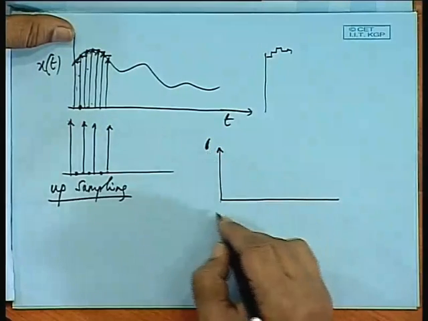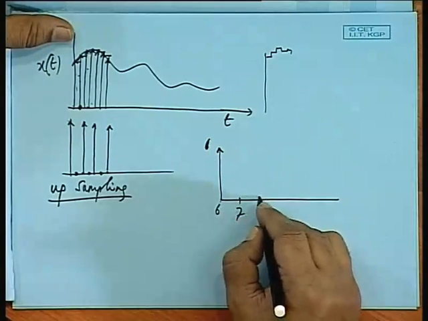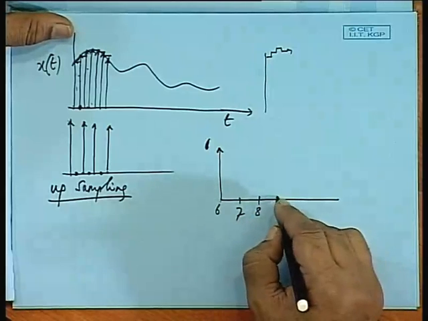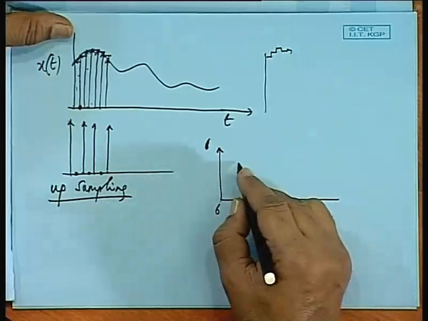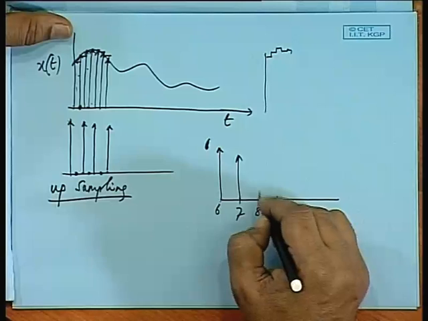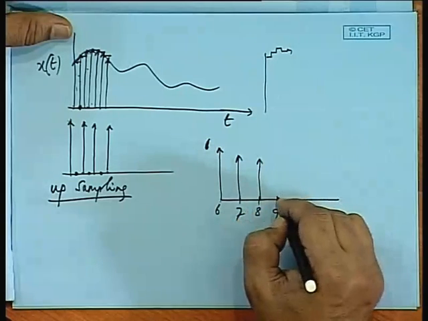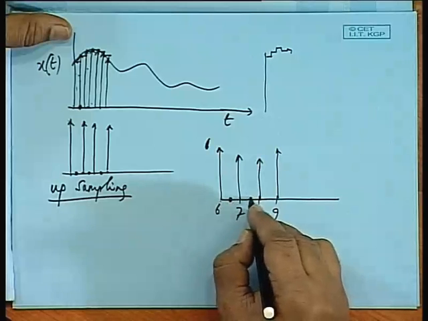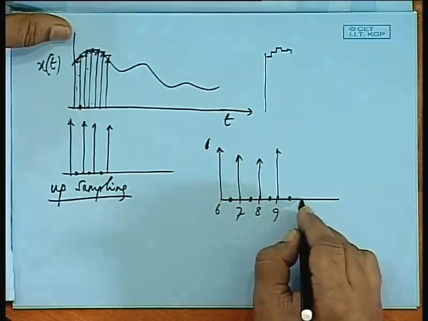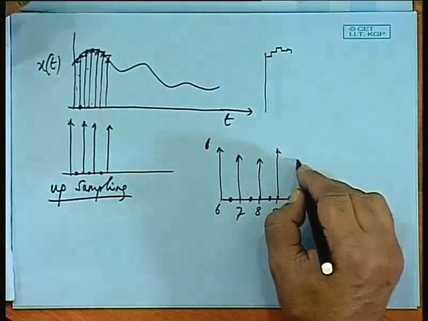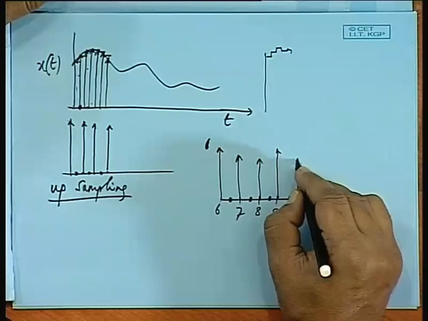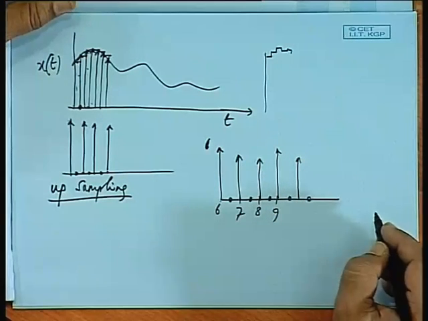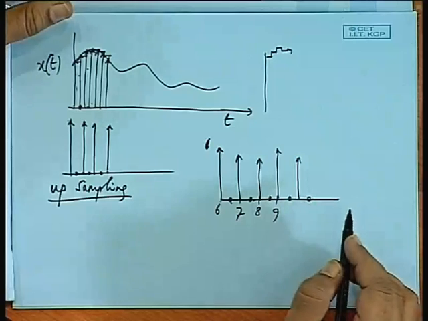We have the records at 6 o'clock, 7 o'clock, 8 o'clock in the morning, 9 and so on. The demand in megawatt may be like this. One may insert some zero values inside, because they are not defined, you can insert zeros also.